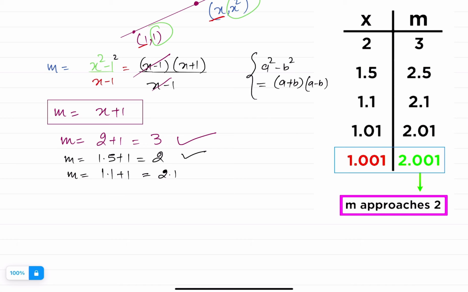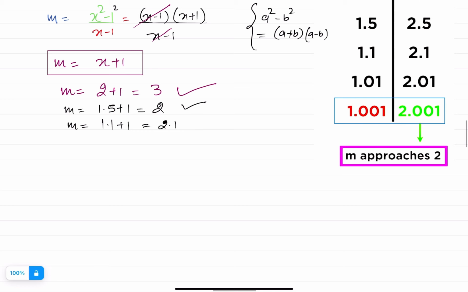Now in the first part we're approaching 1 comma 1 from the right side. Let's suppose this was a point. You're approaching this point from the right side.